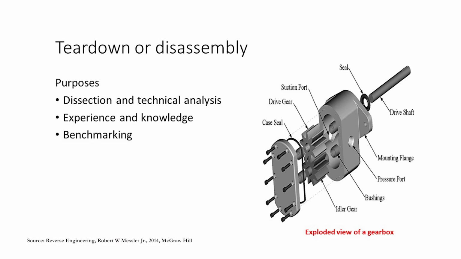Once you have taken it out and separated out all of the parts, then you can label them and understand what the parts are that go into that gearbox. For instance, in this gearbox there is a case seal, a seal for the case that will be applied somewhere here. There are some gears, there is a suction port, there is a seal here again, there is a drive shaft, there is a mounting flange, there are some pressure ports, some bushings and some idler gears.